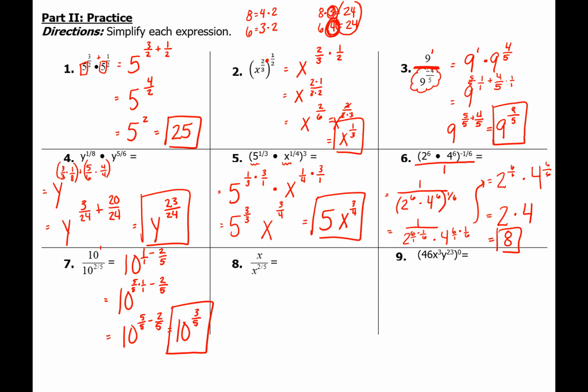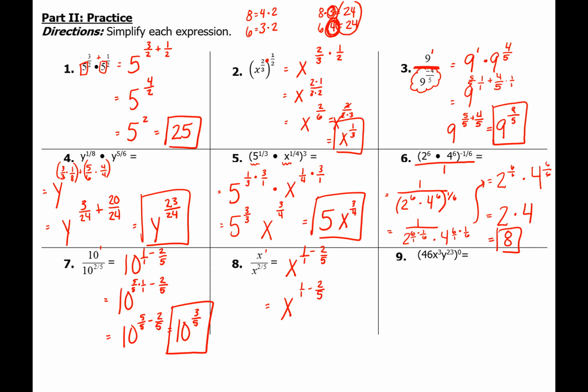All right, let's do another one of those. Now this number 8 is almost the same problem. It just has x's instead of 10s. I'm going to do it the same way. The x in the numerator is a first power, so that's x to the first power minus 2/5. That 1 is like a 1 over 1, so I have x to the 1 over 1 minus 2 over 5.